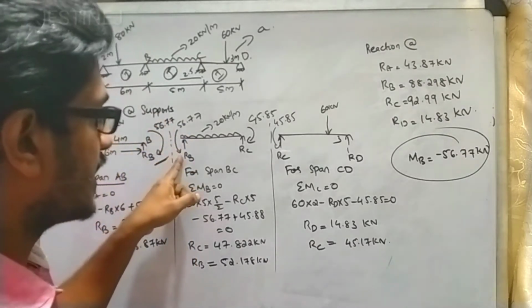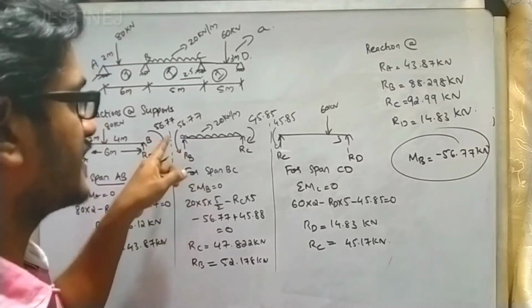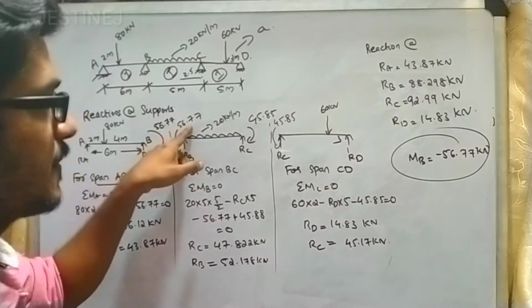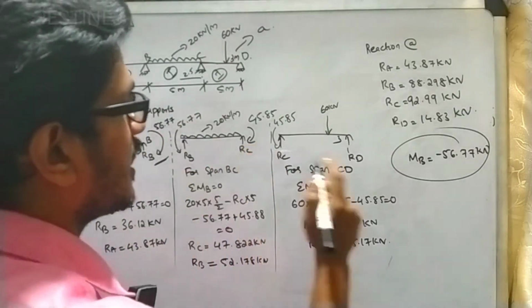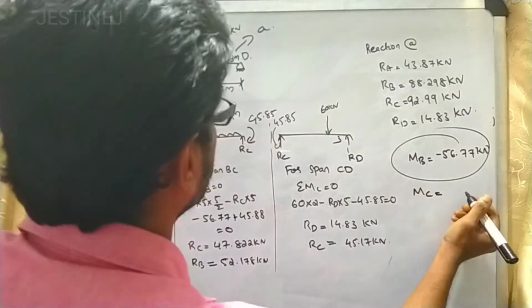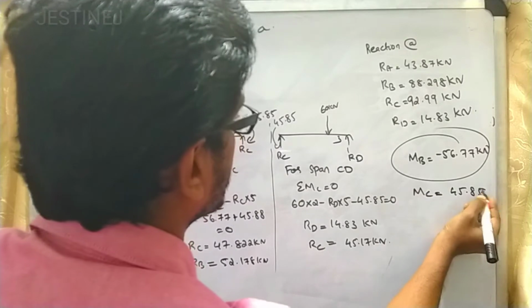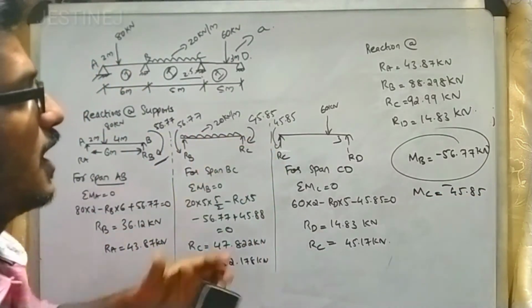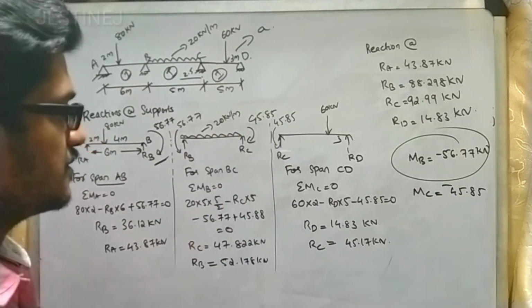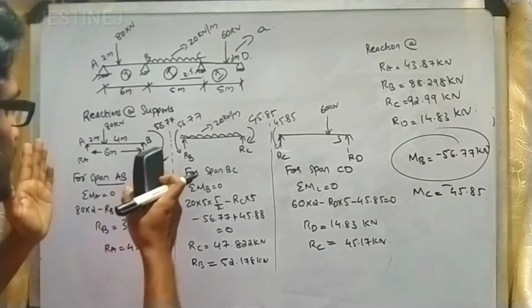And also here a hogging moment from this side, it is going to be the same moment you have to apply here also. And the MC value is going to be 45.85, that is minus. That also apply accordingly.